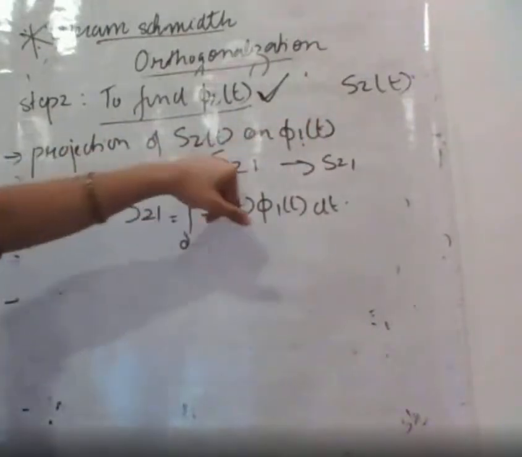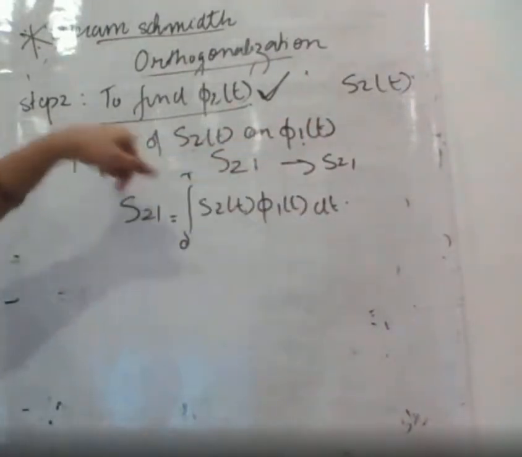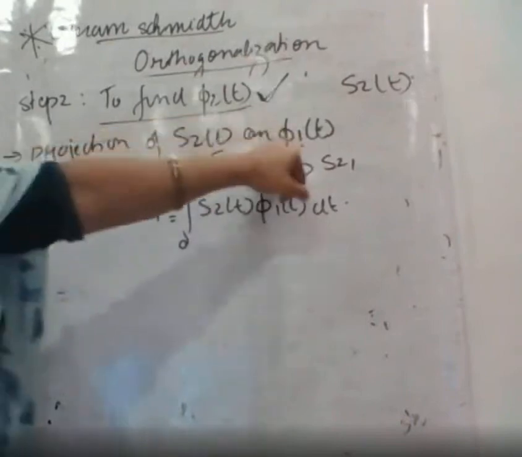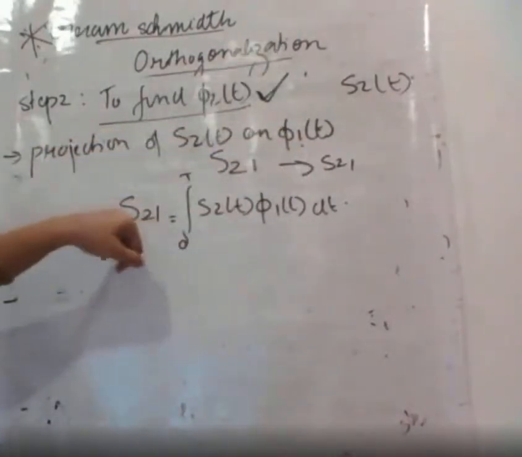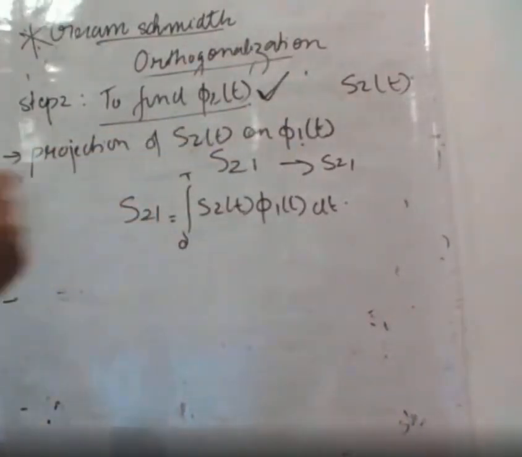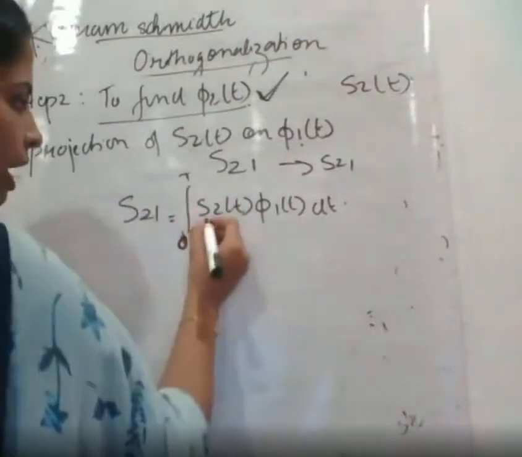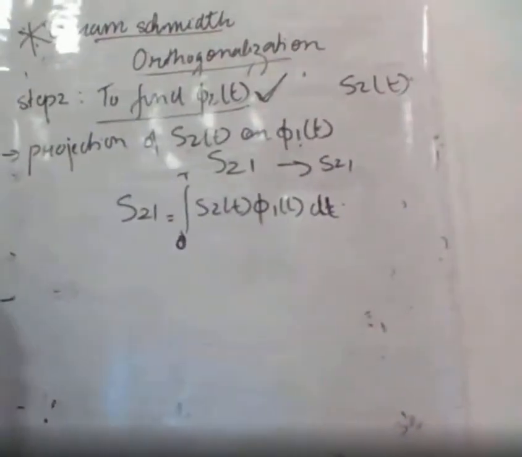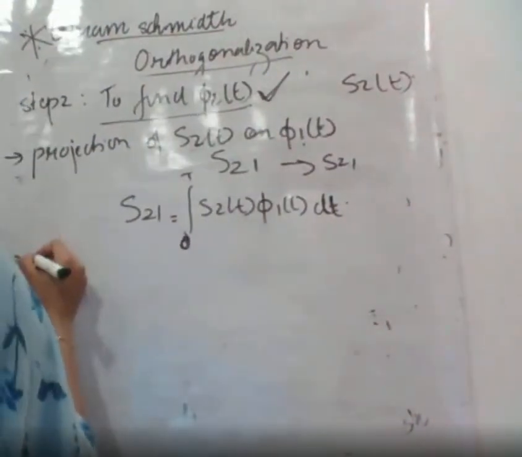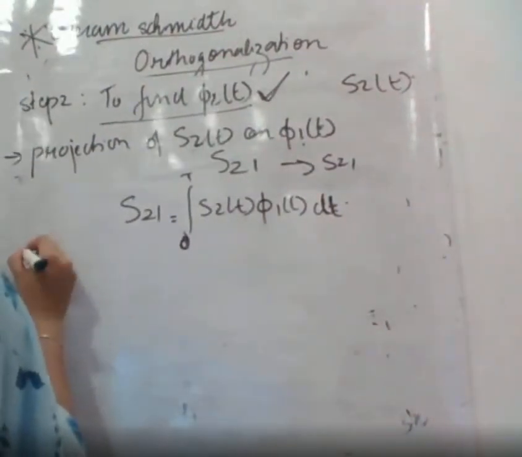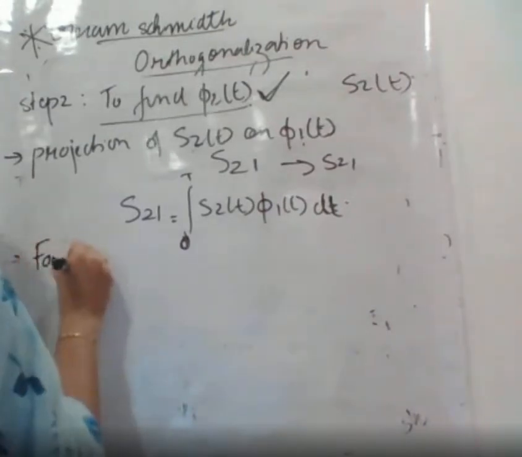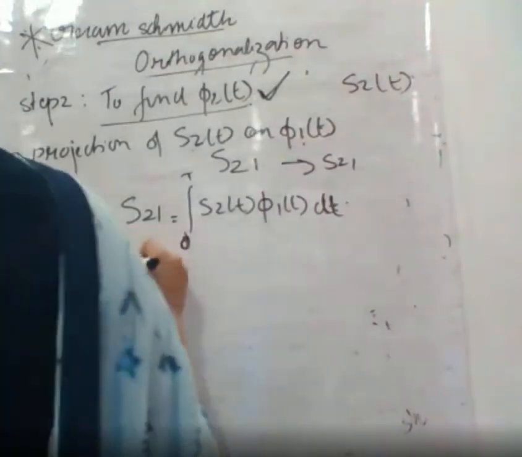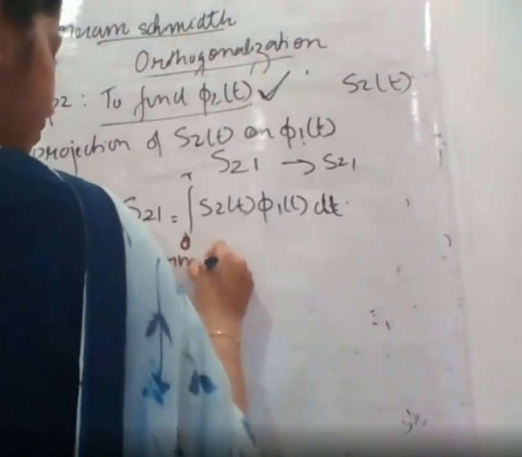This projection of signal S2 on phi1 is S21, which is the integral from 0 to T of S2 of t phi1 of t dt. Now we have to form an intermediate function here.